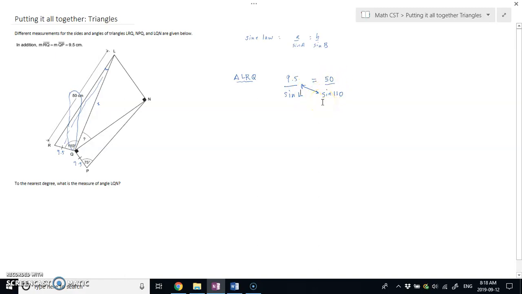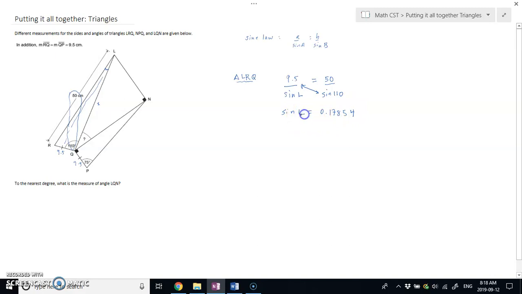So I'm going to do that now. 9.5 times sine of 110, and I'm going to divide by 50, and I find out that sine of angle L, and it should equal a decimal, and it does, 0.17854 is the sine of our angle.